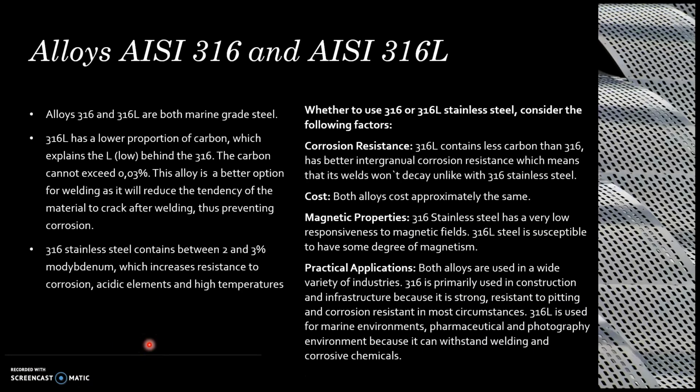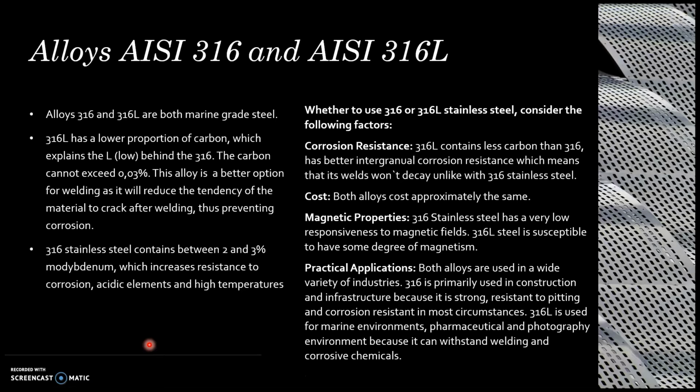Alloys 316 and 316L are both marine-grade steel. 316L has a lower proportion of carbon, which explains the L, which stands for low, behind the 316. The carbon cannot exceed 0.03%.